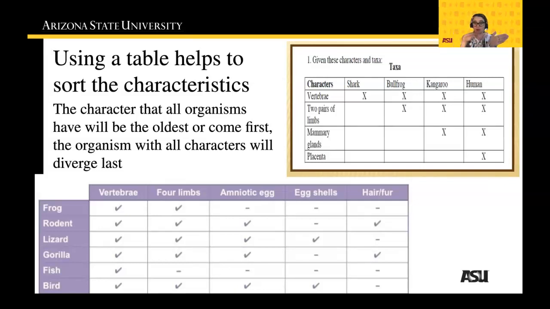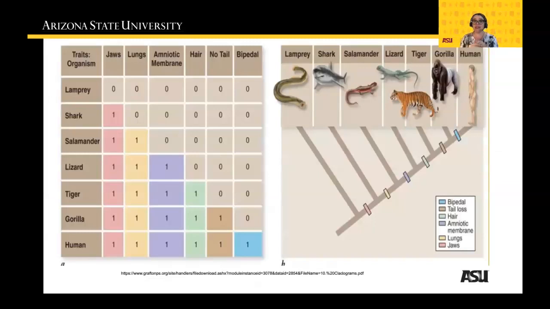But if you count across, the frog only has 2 checks. The fish has 1 check, right? Rodents have 3 checks. Birds have 4 checks. Lizards have 4 checks. Gorillas have 4 checks. So when you're looking at this, you have to determine in what order you're going to place things. This particular trait or set of traits led to this cladogram.